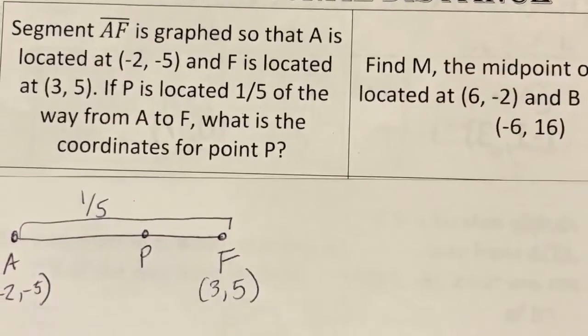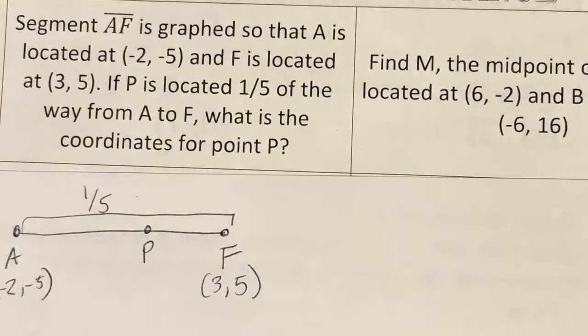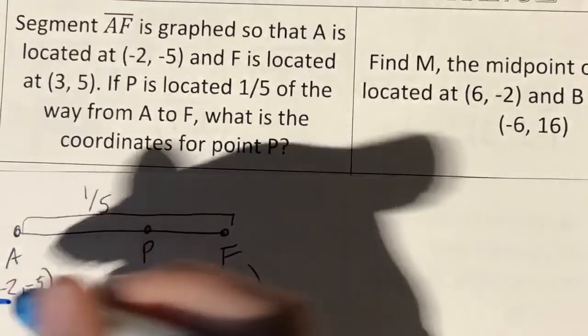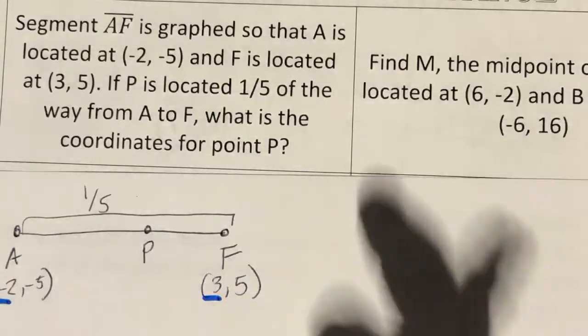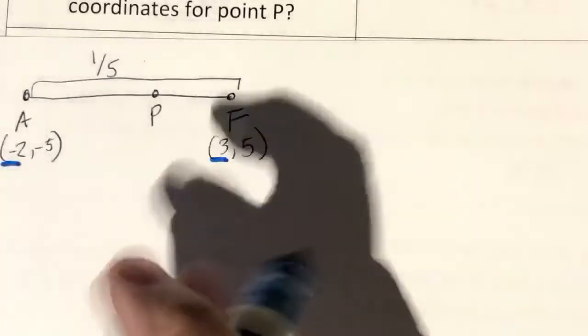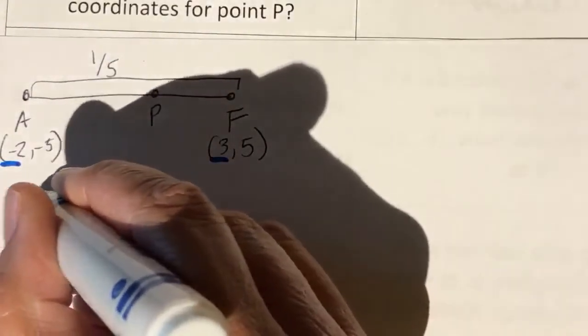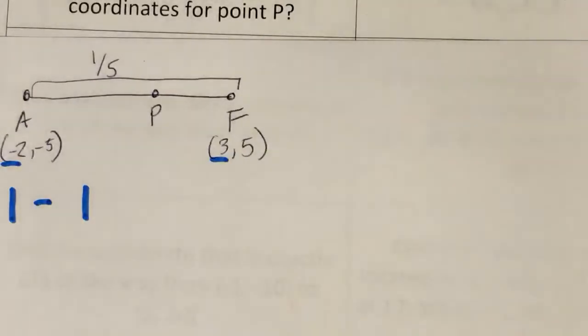Well, first of all, we've got to figure out how far apart each set of coordinates is. You're going to do a distance for the x's, and a distance for the y's. Let's find out how far apart the two x coordinates are. When we do distance between 2 points, it's the absolute value of the difference.